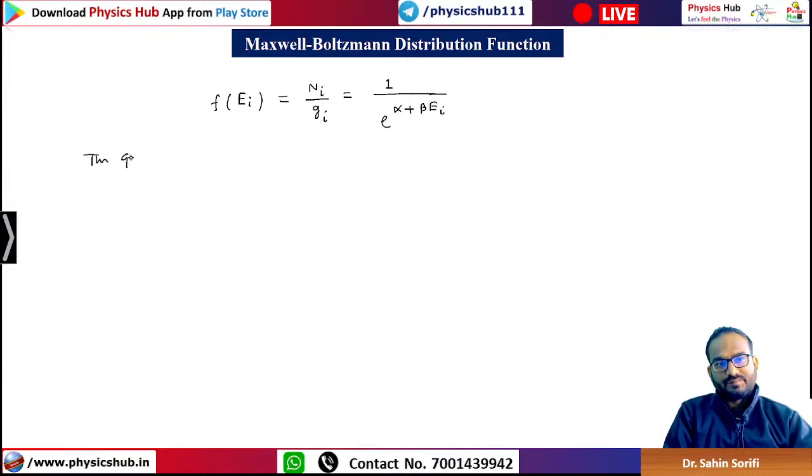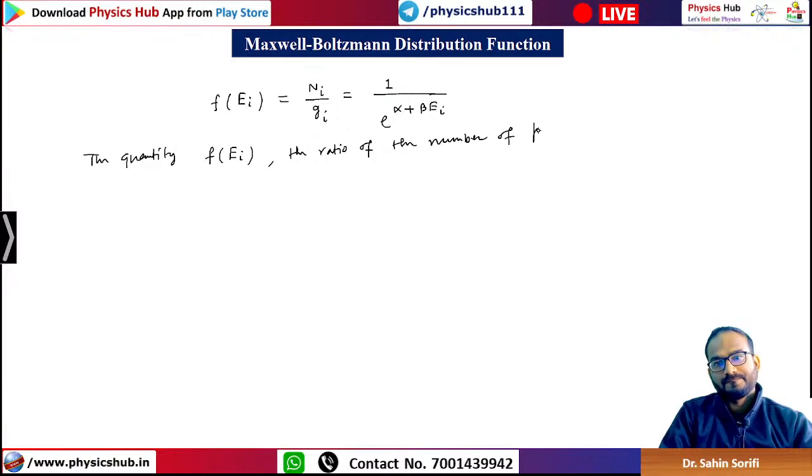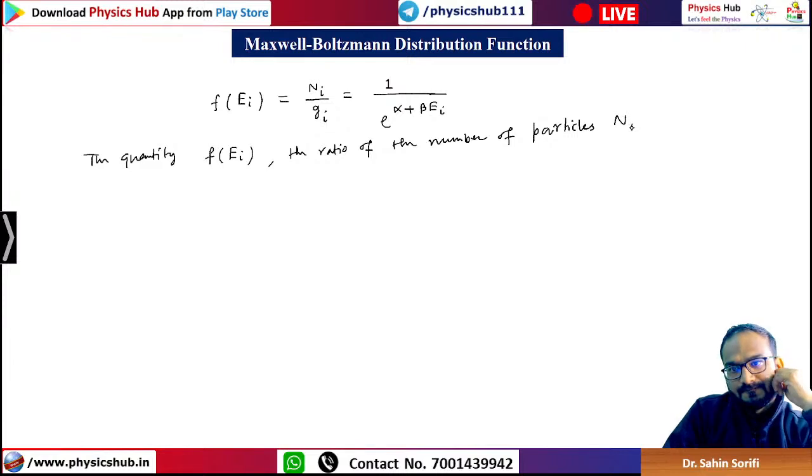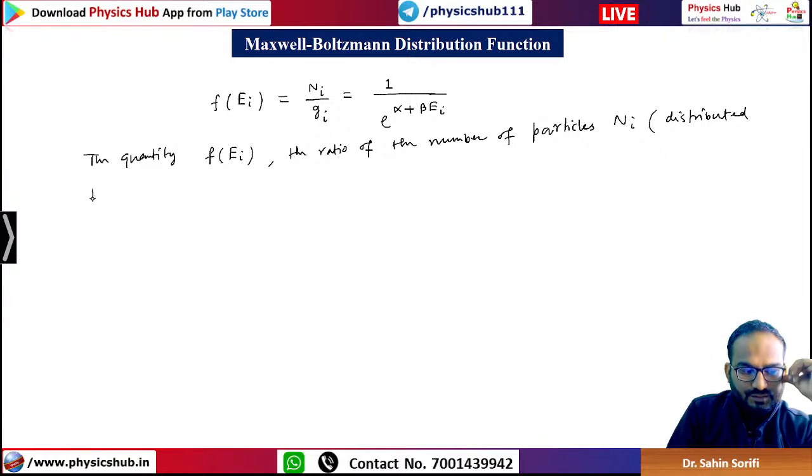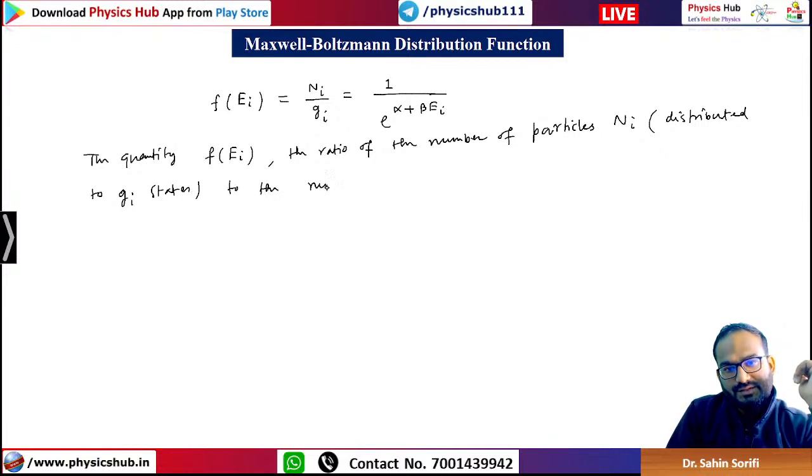So, the quantity f of Ei, what does it represent? It is basically the ratio of the number of particles Ni distributed to Gi states, to the number of states.